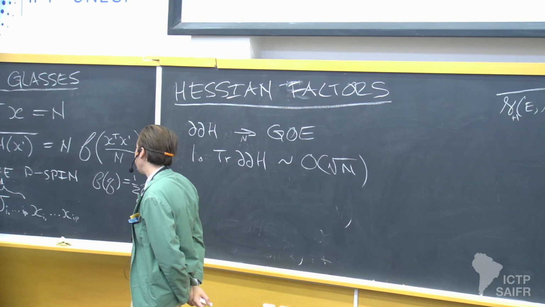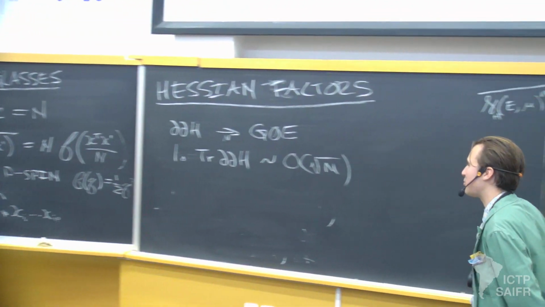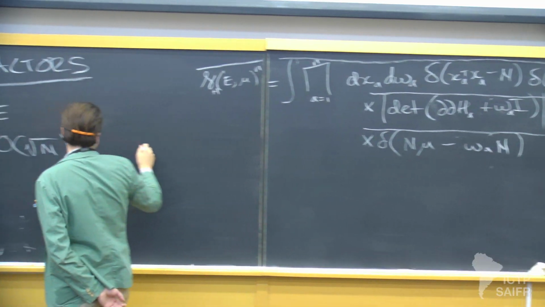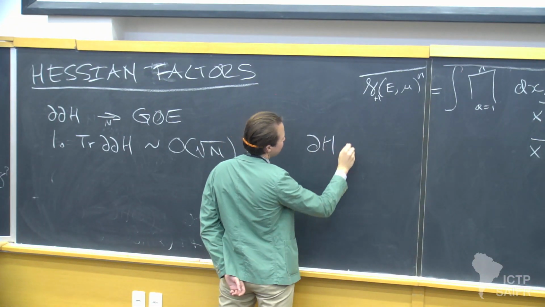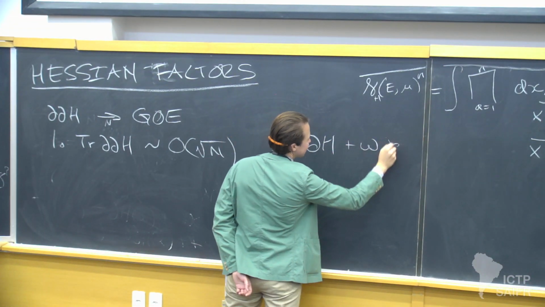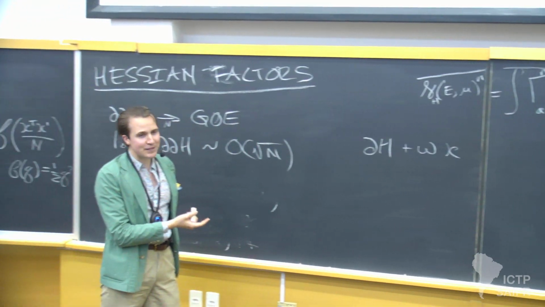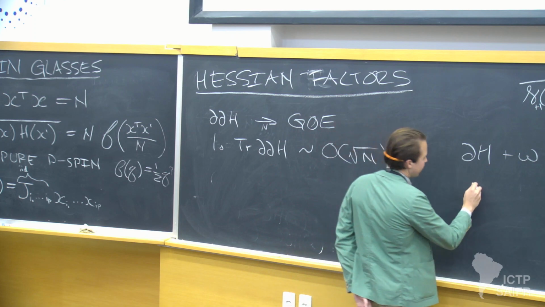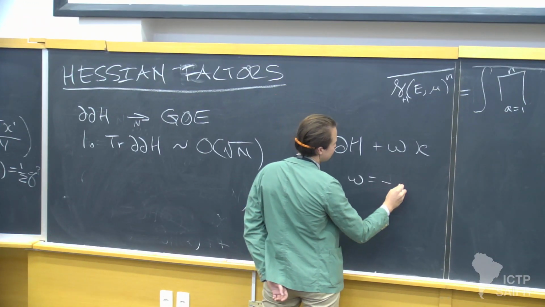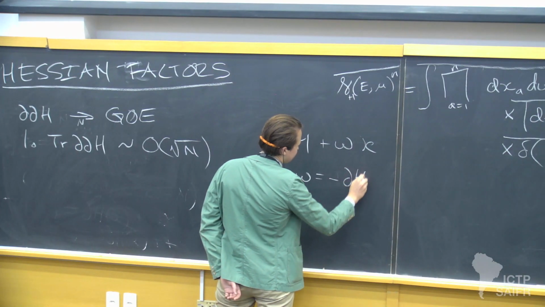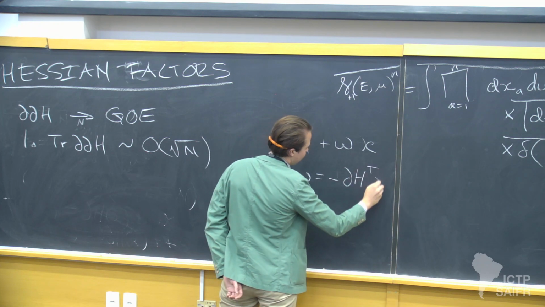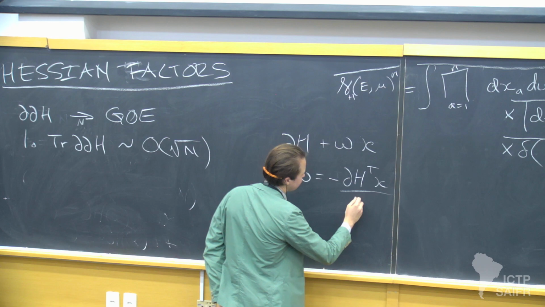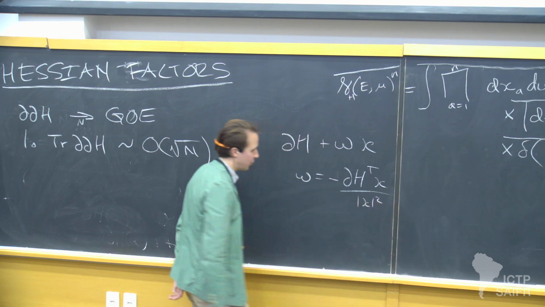Yeah, because think about the Lagrange multiplier has to be subtracting out effectively that perpendicular direction, right? So we took the derivative of h plus omega x, and so in order for this to really be a stationary point in our picture, it had better be true that omega is minus the derivative of h dotted into x, I guess normalized by the norm of x squared.